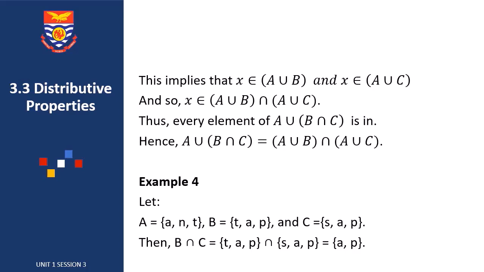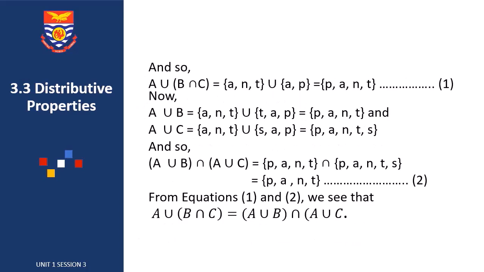Then the next thing we will do is to find A union the answer we have. This will be shown in the next slide. From the previous slide, we got the answer for B ∩ C, which is A, P. We are going to find the union of A and that answer.